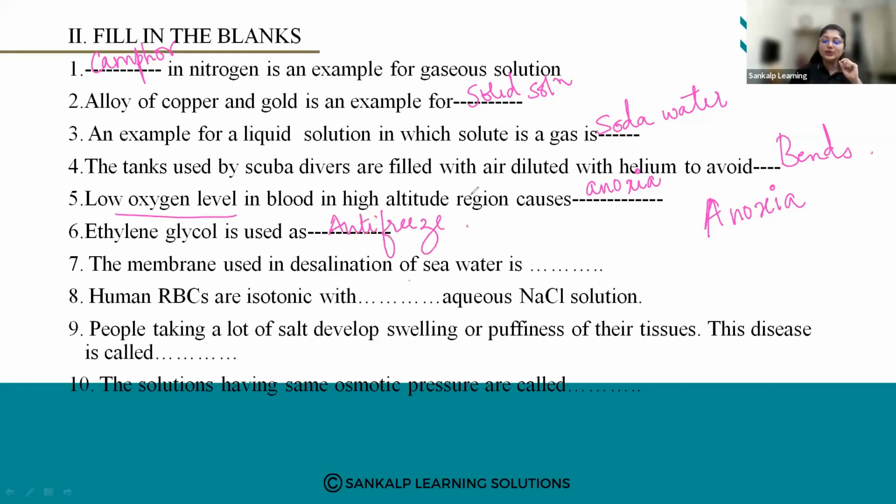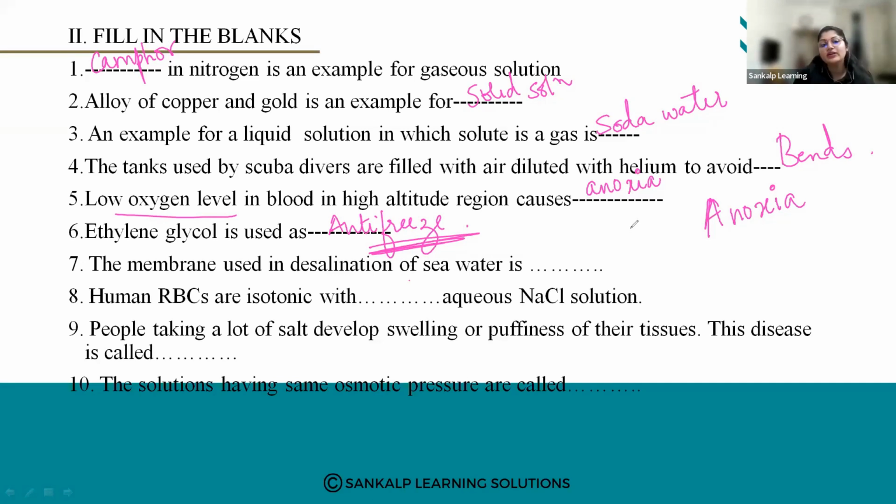Ethylene glycol has the ability to interfere with the hydrogen bonds in water, so that it makes it difficult for the water molecules to bind. So it is used as an antifreeze.